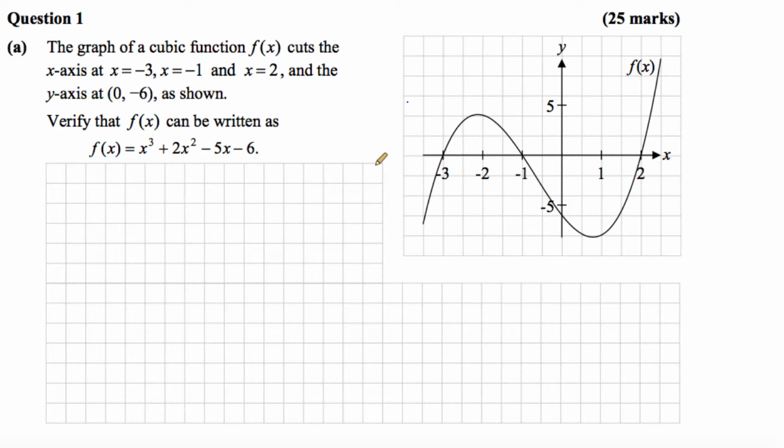Verify that f of x can be written as f of x equals x cubed plus 2x squared minus 5x minus 6. Okay, well, if x equals minus 3 is one of the x-intercepts, we can say that x plus 3 is a factor.